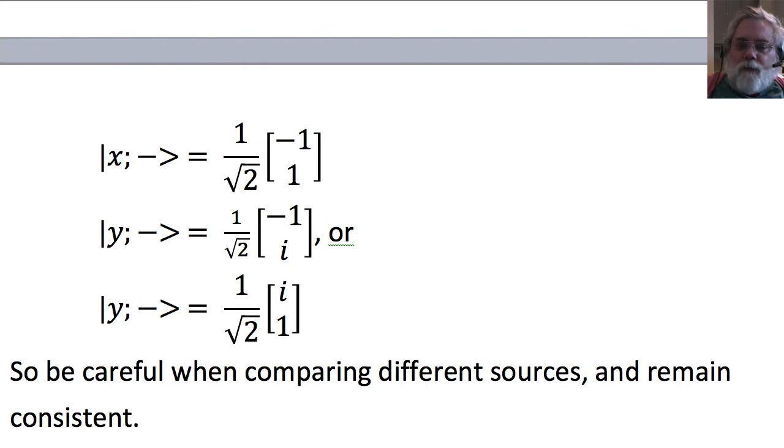As long as they use them consistently, it's fine. So you will sometimes see different eigenvector representations. The physics is the same, the results are the same as long as it is used consistently, but you cannot mix and match two sources that use different representations.